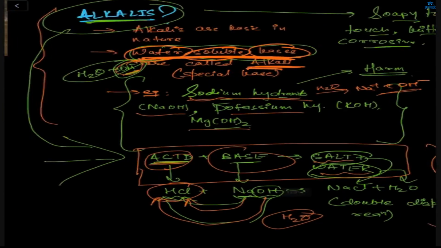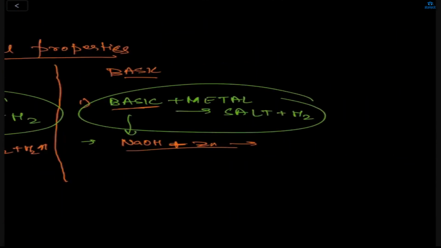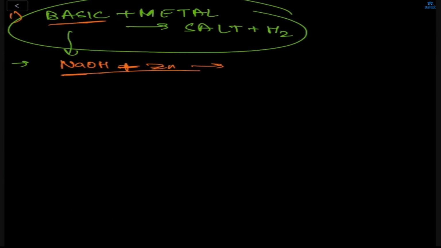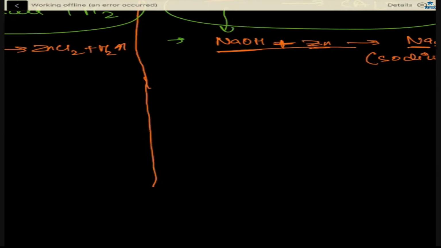If the sodium hydroxide reacts with zinc, it will be Na2ZnO2. If we balance this equation, we get Na2ZnO2 plus H2. Na2ZnO2 is sodium zincate. This is sodium and Zn is zinc, and the O2 is there, that's why sodium zincate.